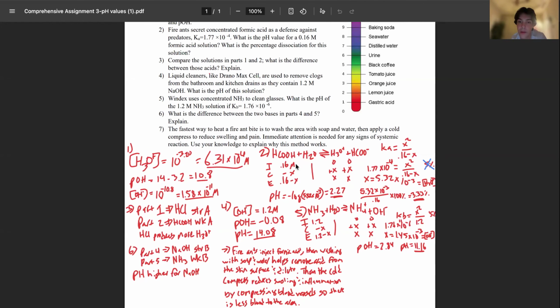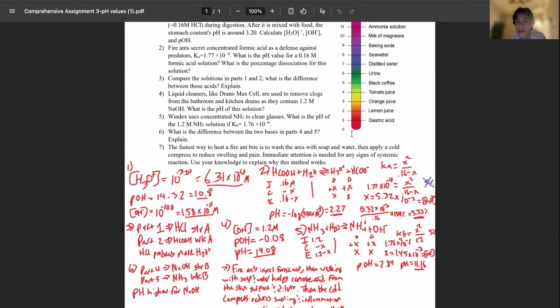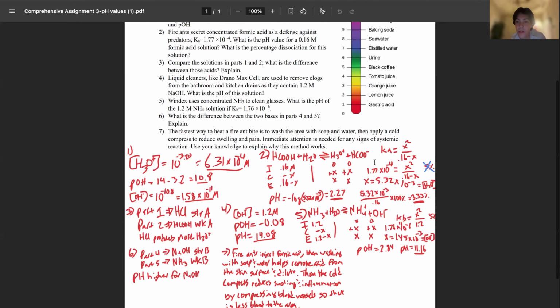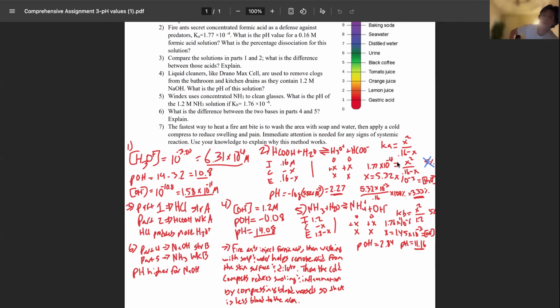Using the ICE table, you can find out that at equilibrium, the concentration of the formic acid is 0.16 that it already had minus X, and putting this into the Ka, K equals the two products over the reactant, which was X squared over 0.16 minus X, and it gives you the Ka value, which is 1.77 times 10 to the power of negative 4, and we're trying to figure that one out.